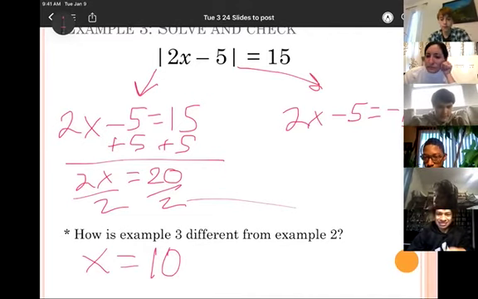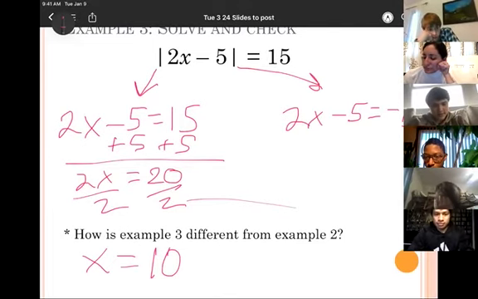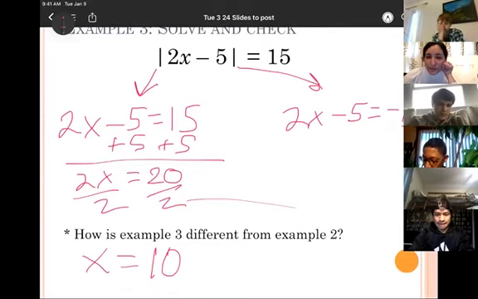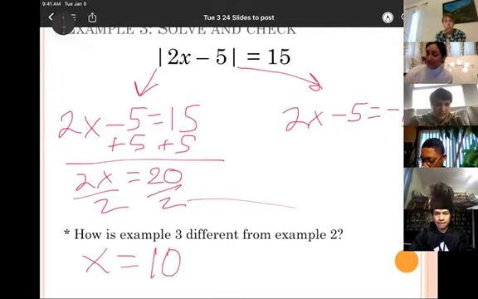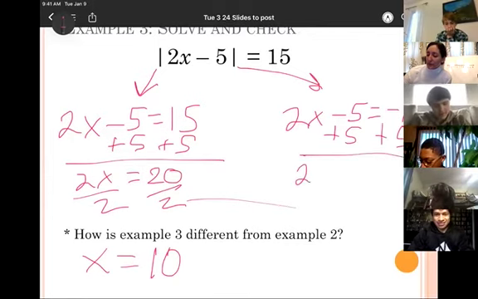On the second equation, where it's 2x minus 5 equals negative 15, would you divide by 2 first, or would you add 5 first? You would add 5. We're going to add 5, right? So we're always starting with the number that does not have that variable.